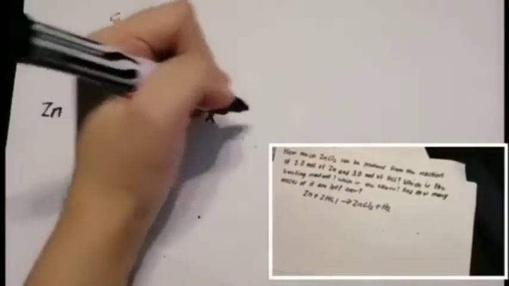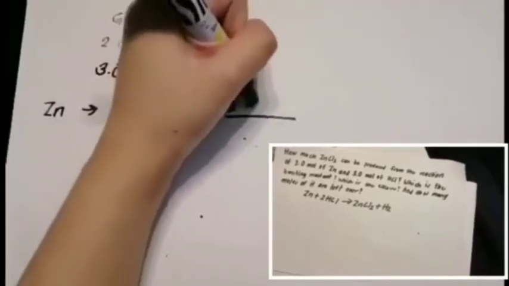So from the given, we've got 2 moles of zinc. Now, we'll multiply that with our balanced equation from the reactant side: 2 moles of HCl and 1 mole of zinc.